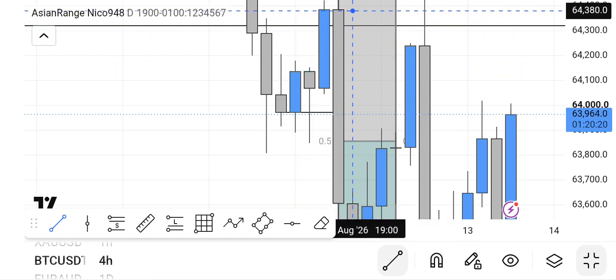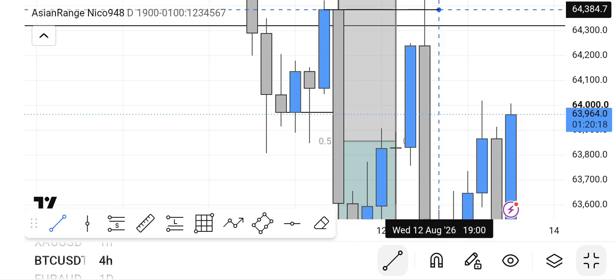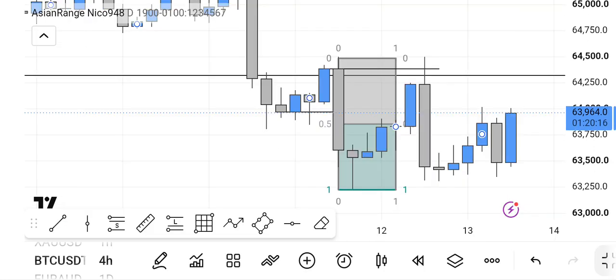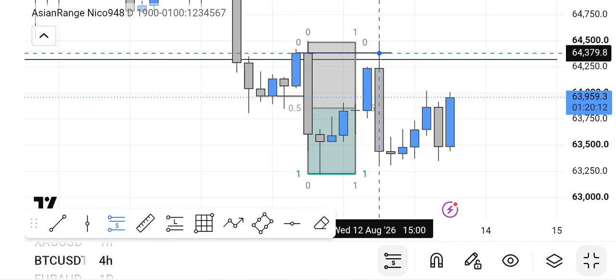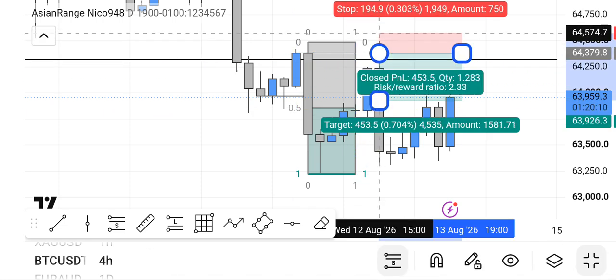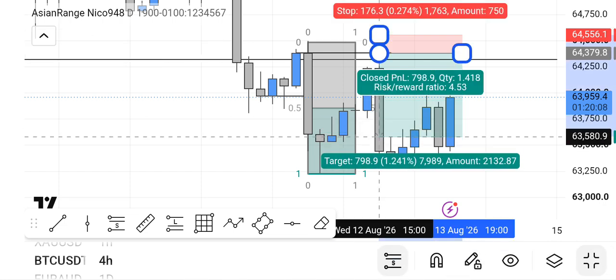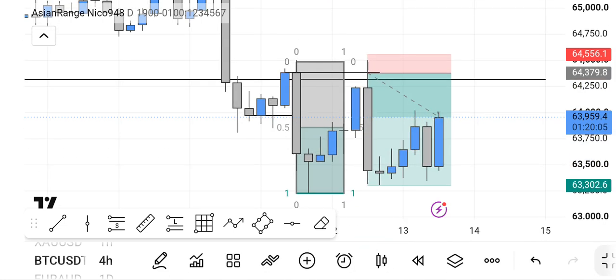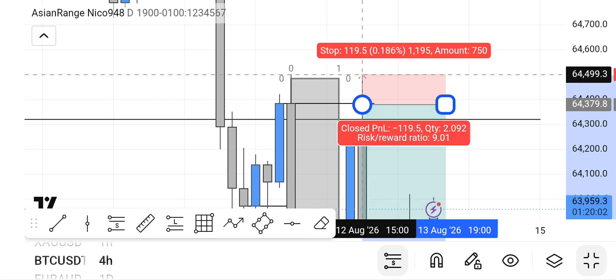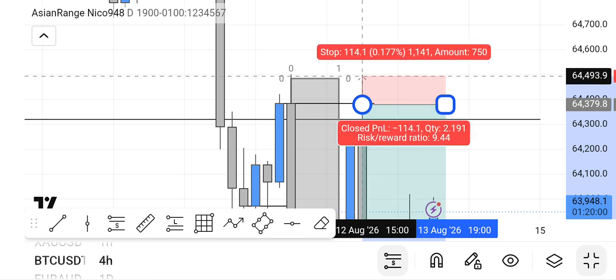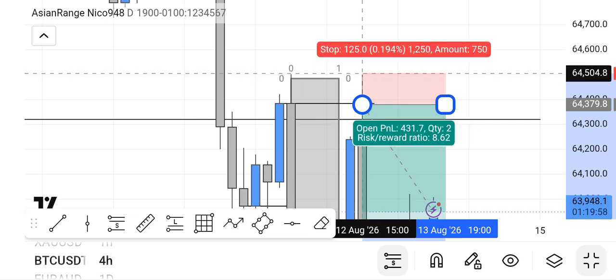Look at this guy. He took this one and he sold. How many pips, man? Let me check. If I would have hit an SL here, man... However, I know I wouldn't have, because I would have refined my entry.